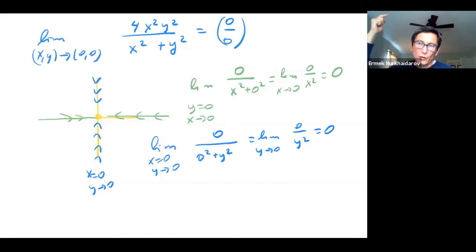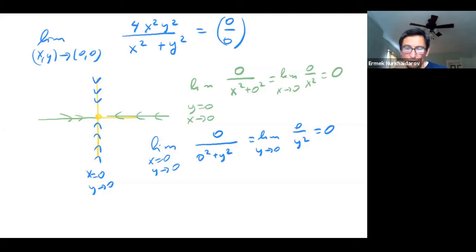We can approach the point using different paths. And it's the same thing as we did in calculus 1. If your left limit and right limit in calculus 1 were not equal, the limit will not exist. Same thing is happening here. If you have two different paths along which your limit value is different, then the limit does not exist.